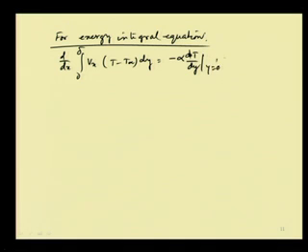And we already know that (T minus T infinity) by (T w minus T infinity) equals (1 minus y by delta) whole square.